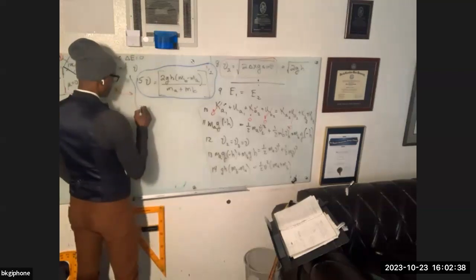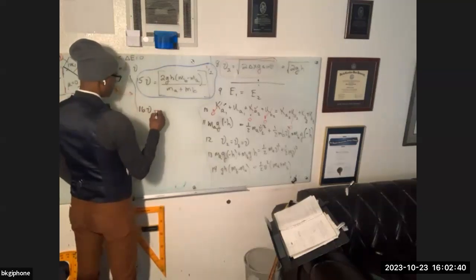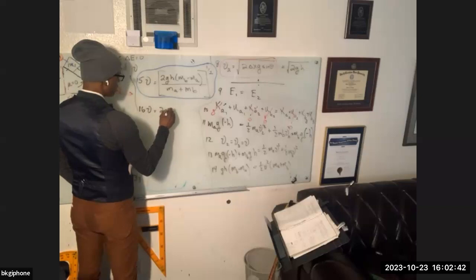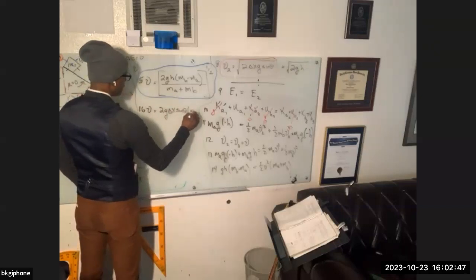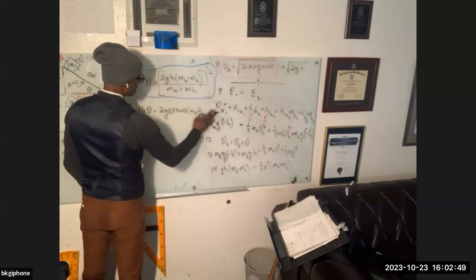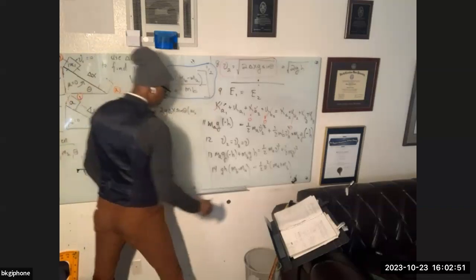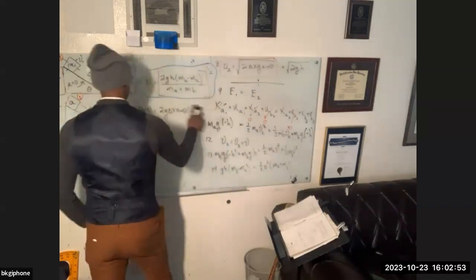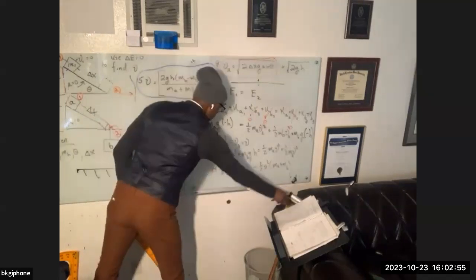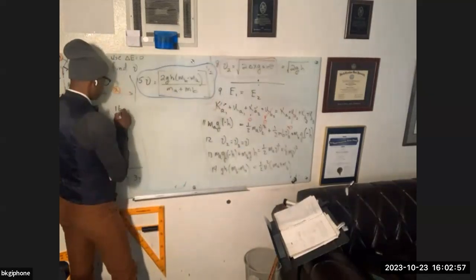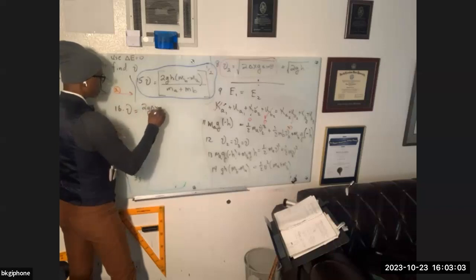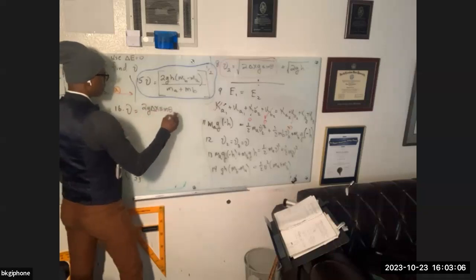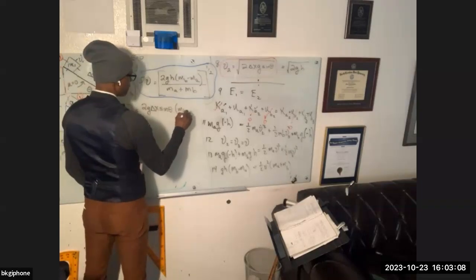So this would actually be v is equal to the square root of 2g delta x sine theta times the quantity m_B minus m_A over m_A plus m_B.